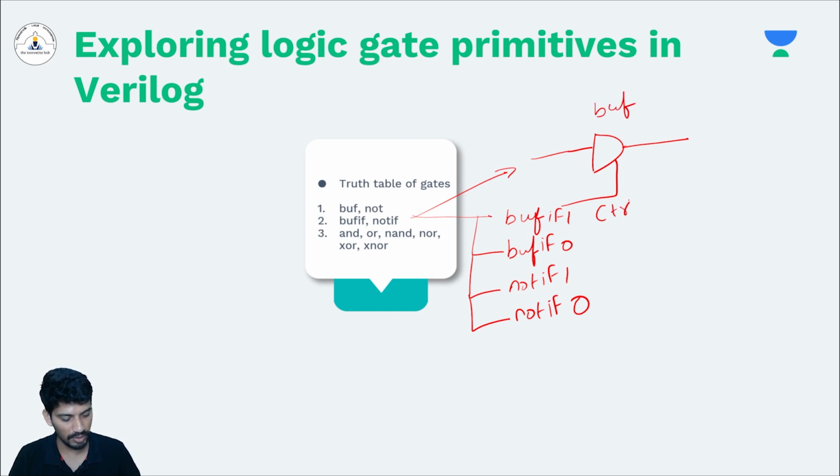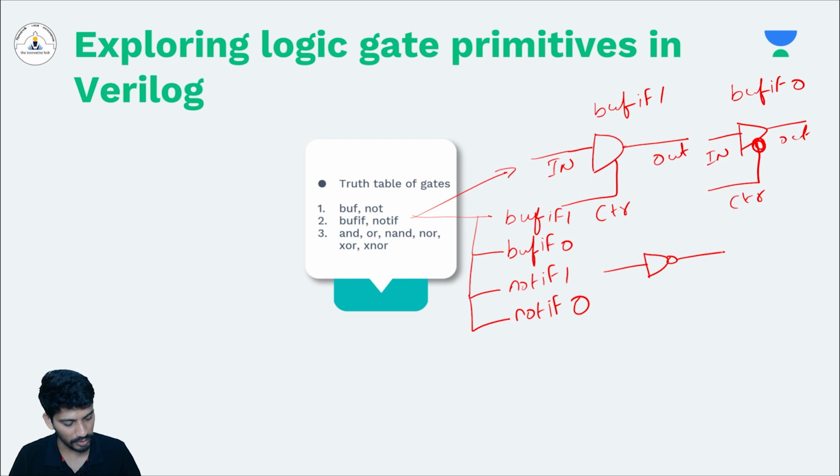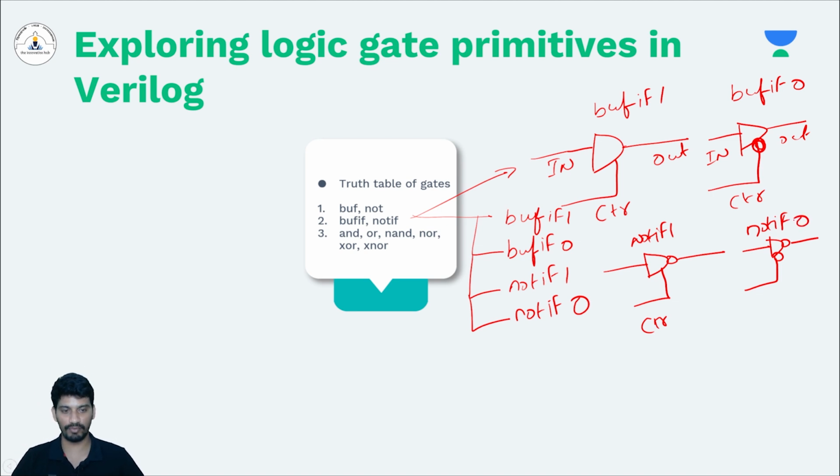This is the control signal, this is the input, and this is the output. Similarly, bufif0 will look like this buffer, and the control is negative logic. Control, input, and output. This is bufif1, and this is bufif0. Similarly, notif will look like this: draw the normal NOT gate and then add the control signal. So this is notif1, and similarly this is notif0. So these are the 4 different gates.